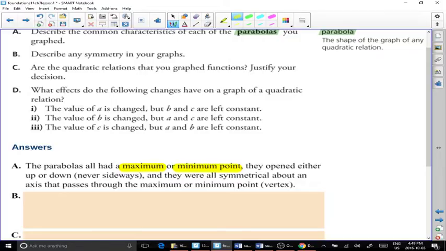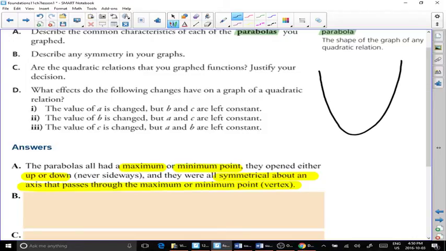They always open up or down, and they're all symmetrical about an axis, fancy word for line, that passes through the maximum or minimum point, otherwise known as the vertex. So if I have a parabola that looks something like this, the axis of symmetry is going to pass through the center of it. Okay?